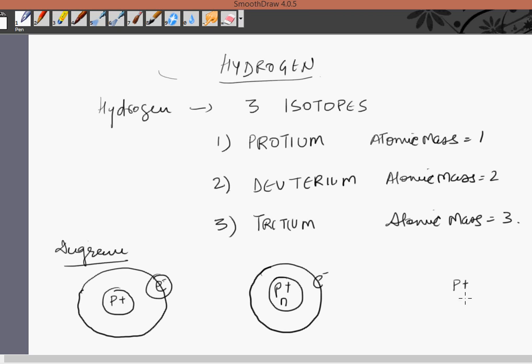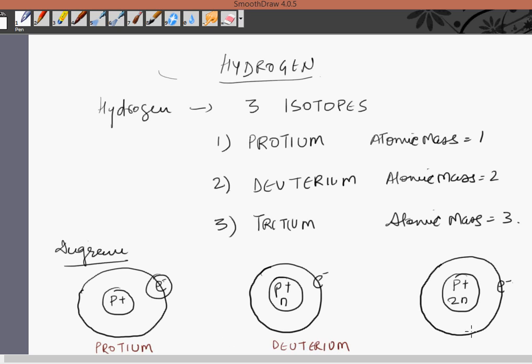Third, with one proton and two neutrons in the nuclei of the hydrogen atom, and an electron which is revolving in its orbit. It is the tritium. Let me label it. Protium, deuterium, and tritium, right?